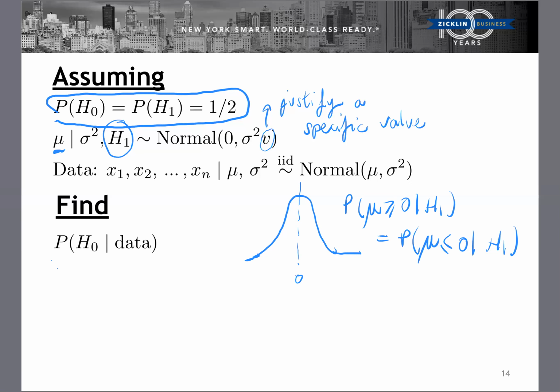If you hadn't set the prior this way, and you had centered the prior somewhere else, you would be favoring positive values or negative values more. So in my view, it makes sense to center it just because of this argument of symmetry.